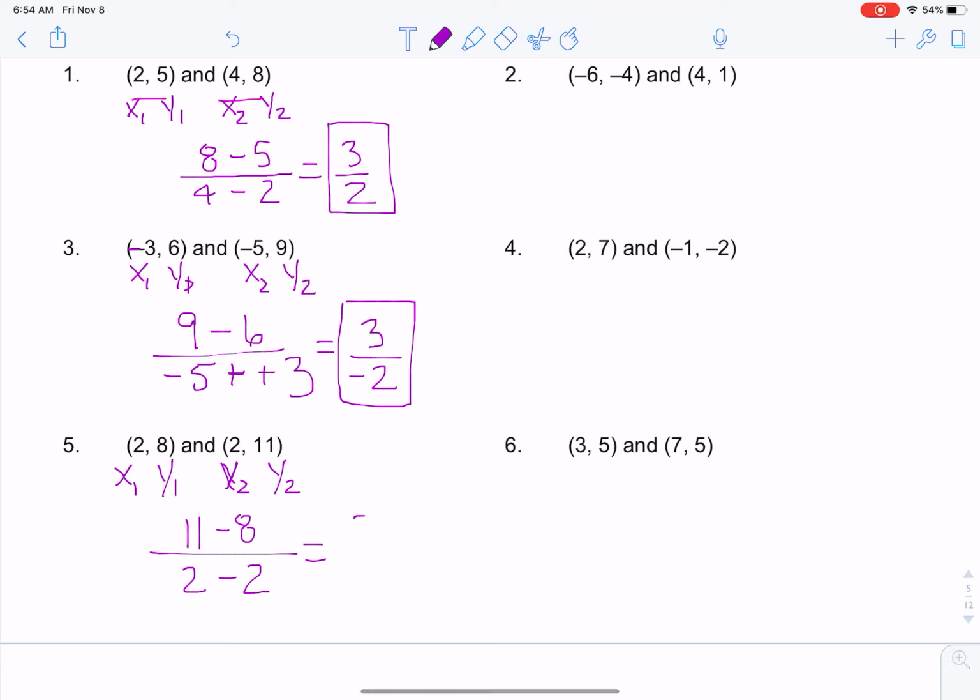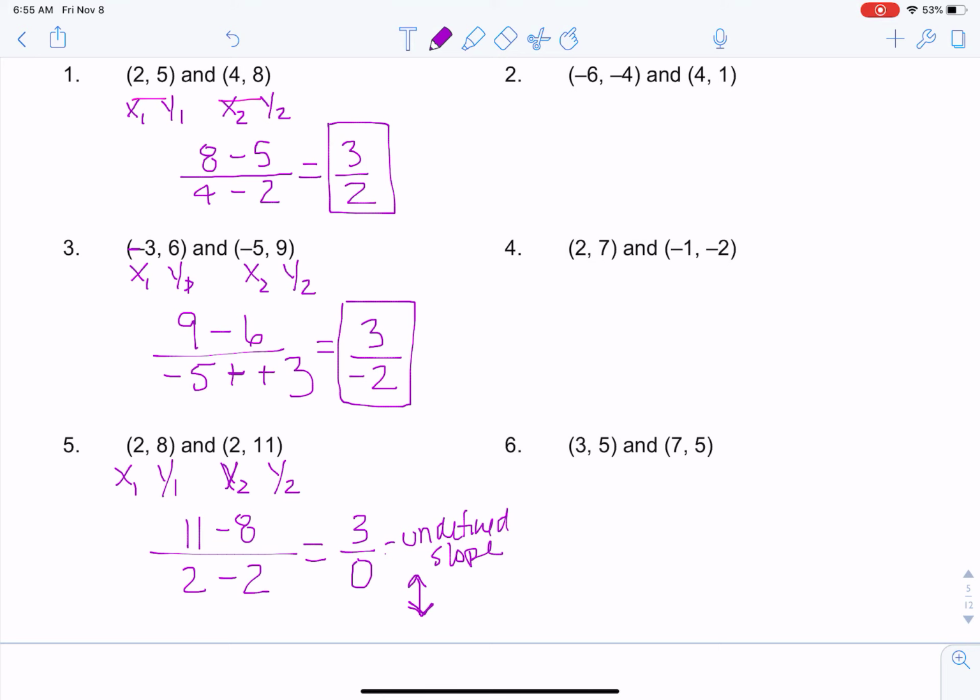So I get 3 over 0. Now if you were to type that into your calculator it would freak out a little bit, and it would say like cannot compute or undefined. So that means that this is an undefined slope or a no slope. If you get that, that means that this line is a vertical line, right? Because we know that no slope lines look like vertical.